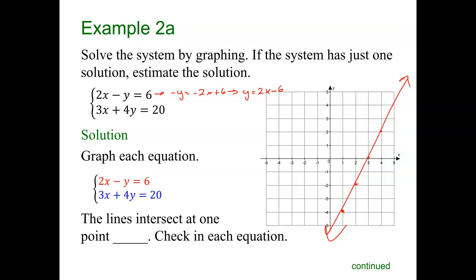So we'll get it into slope-intercept form. So 4y equals negative 3x plus 20. Y equals negative 3/4 x plus 5. Okay? So I've got another line. Quick sketch. Into our calculator.